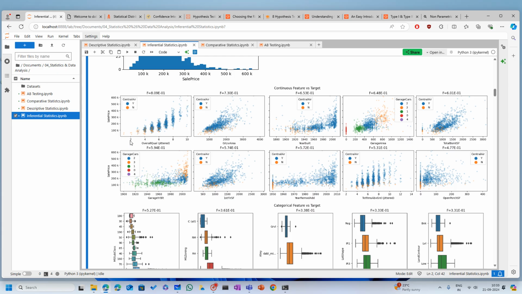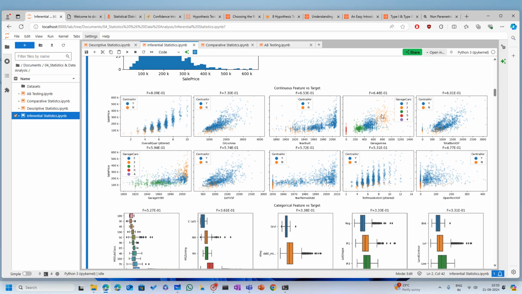And then there is this plot, which by default has automatically considered central air conditioning, yes or no, for the first three plots, whereas for the fourth plot it has by default selected garage cars. The library has automated it.